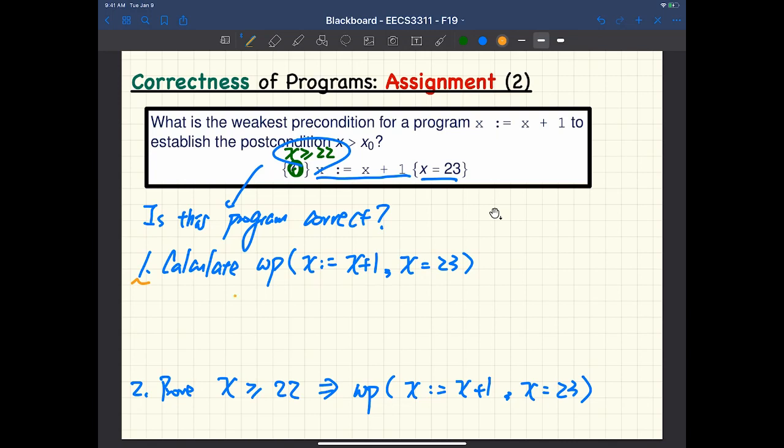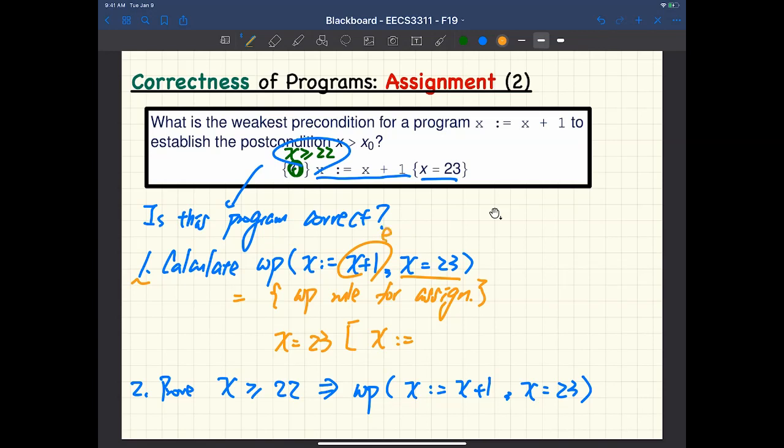WP of this is equal to, according to the WP rule for assignments, that means I got x is assigned x equal 23, and then I'm going to substitute every occurrence of x by x plus 1, the e, right?